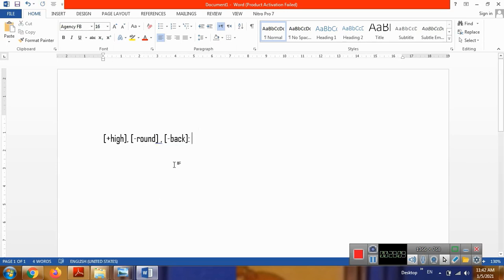But here I want you to think about this feature. For example, here I want to change this feature. I want you to guess the vowel which is plus high, plus round, and minus back in Turkish.